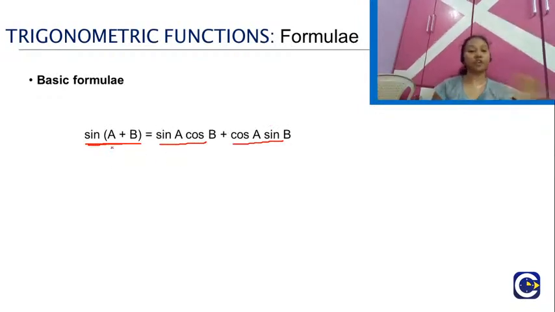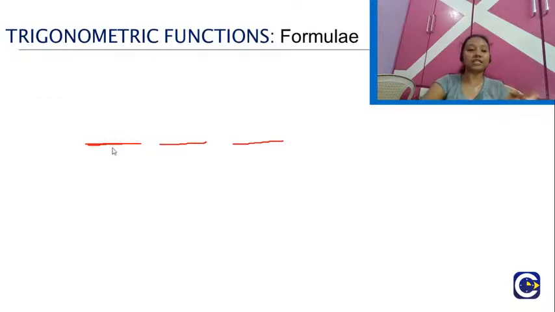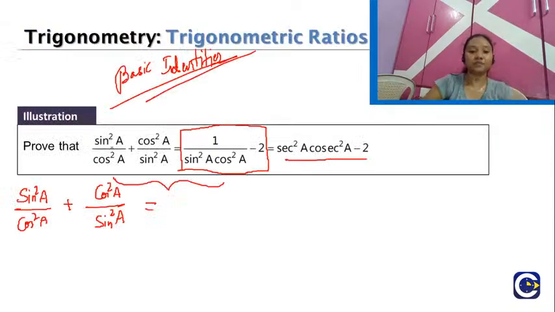Before getting into the formulas, let me tell you this. Trigonometry is nothing but a huge number of formulas and identities, and you have to do lots of questions to get a good grasp over the trigonometric functions topic, right? Because if you see this previous example, they have given the proof.